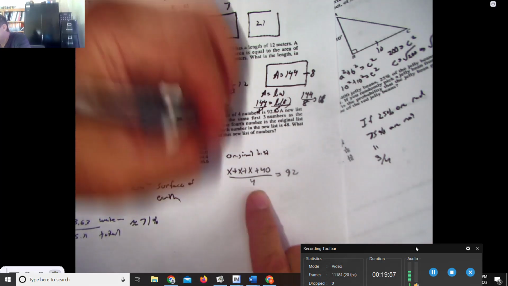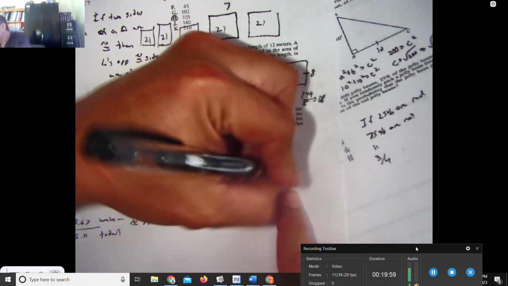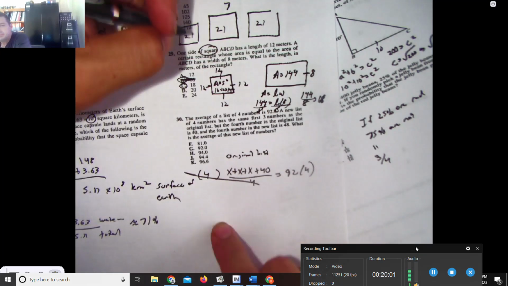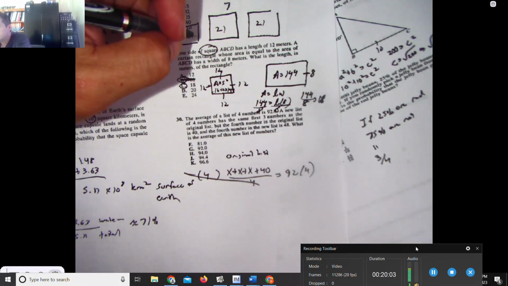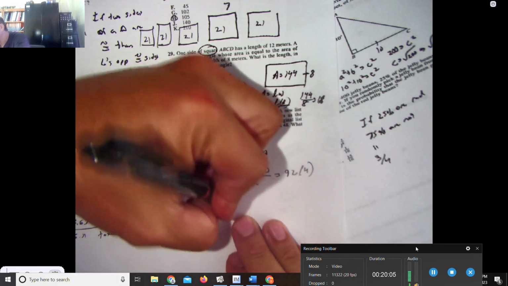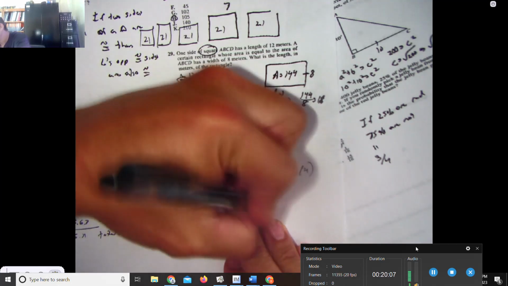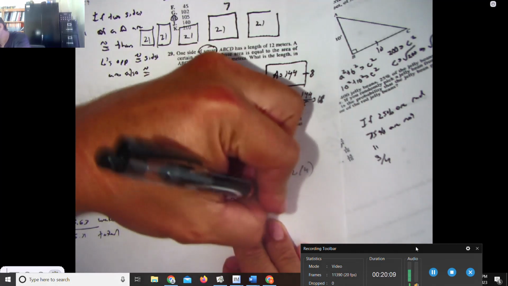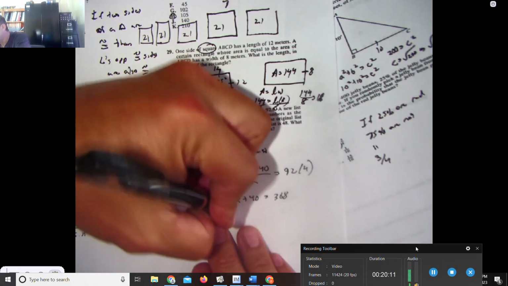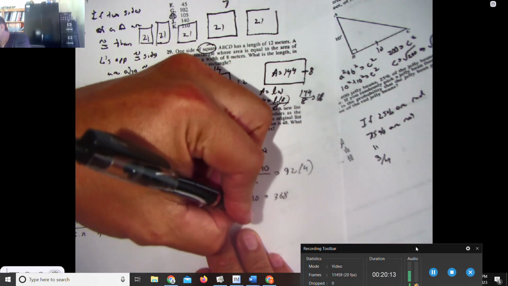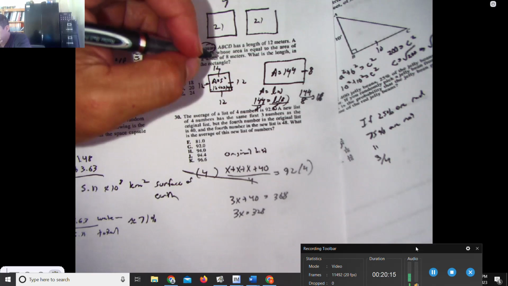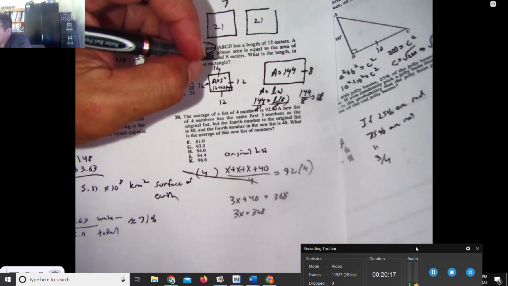I'm going to multiply both sides by 4 to counteract that division. 4 times 92 is 368. There are 3 x's, so 3x plus 40 is 368. Take away my 40, and 3x is 328. Let me make sure I didn't make any mistakes. Doesn't look like I did.